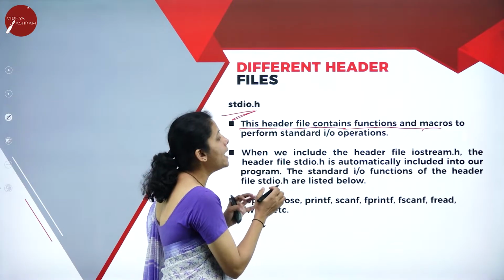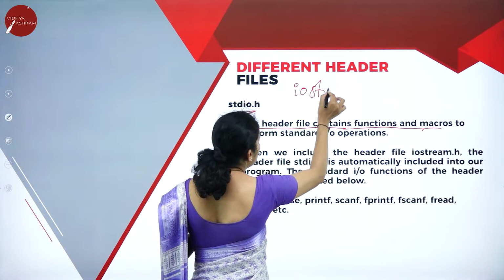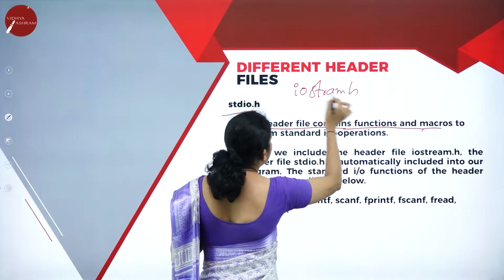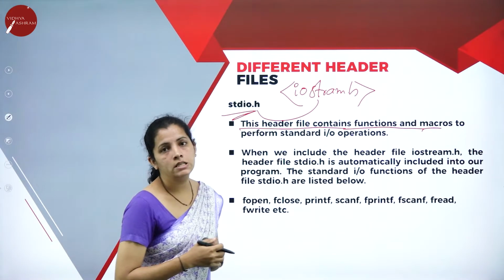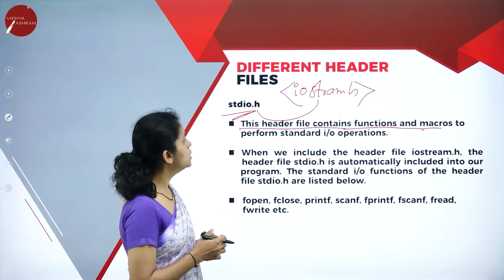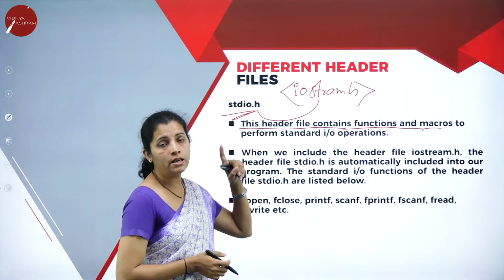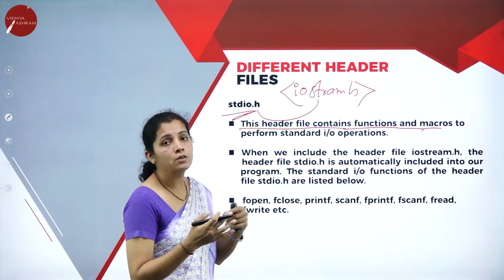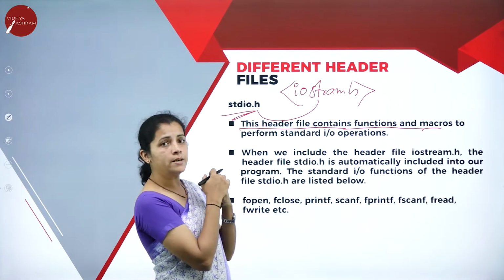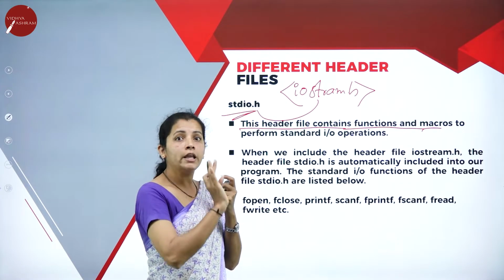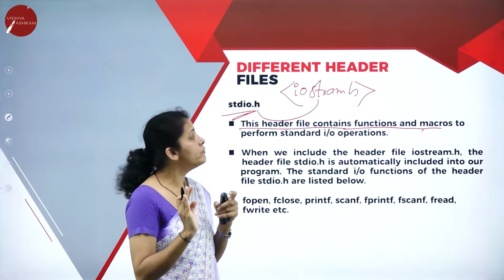And when I include iostream.h, it is going to include stdio.h. So what is a stream here? Streams are nothing but a sequence of bytes or a sequence of characters. And what is iostream? That means I want to read or write a sequence of characters or bytes.